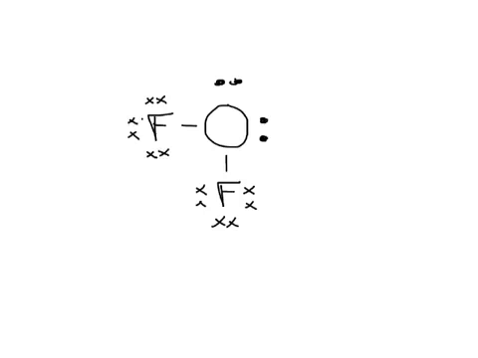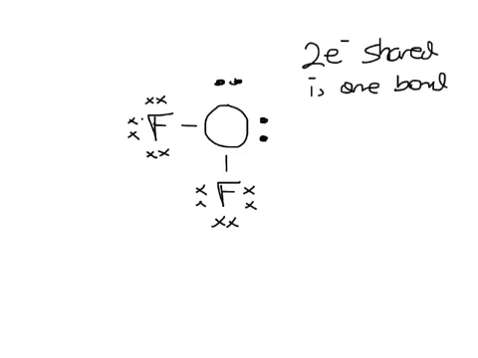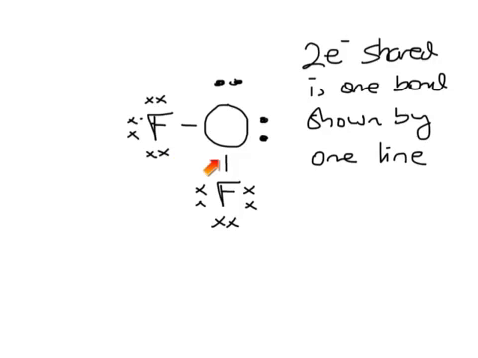And so now we have every bond, 2 electrons shared is 1 bond shown by 1 line. So this line represents 2 electrons, so does this.